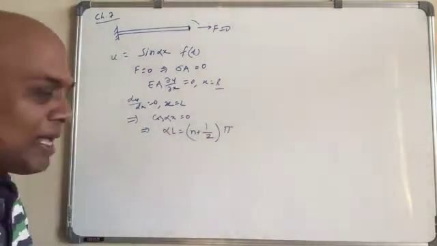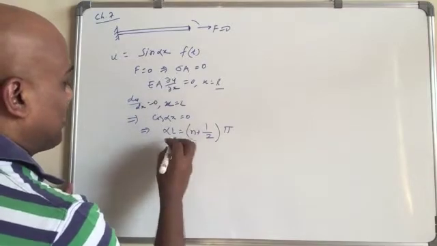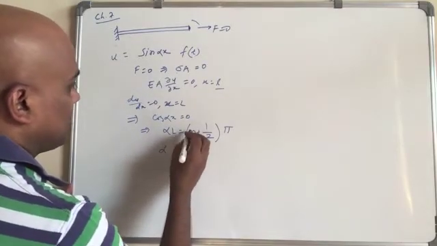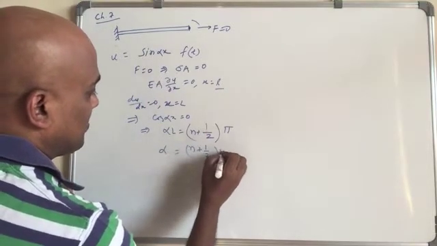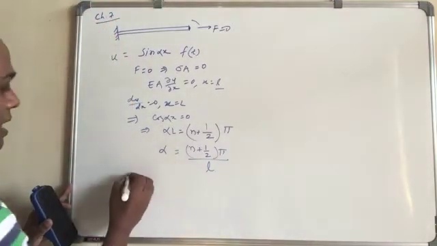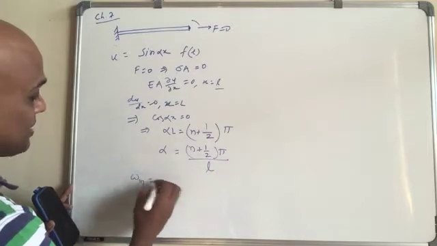So this will be the value of alpha L, and hence alpha will be equal to n plus half times pi over L. And omega n will be the same as we got earlier.